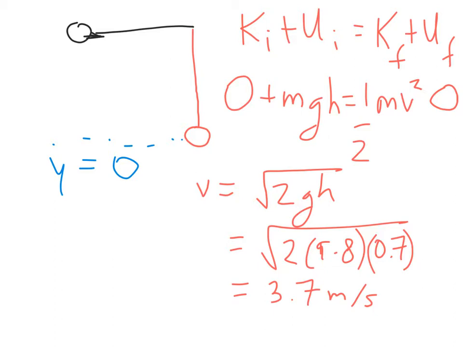We now examine the elastic collision between the ball and the block. We use the one-dimensional elastic collision equations that we just derived. We set the ball as mass 1, so that we have m1 is equal to 0.5.